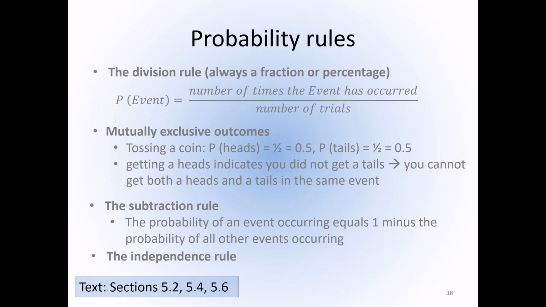Again, we're not going into detail with this, but you should be familiar with probability and some of the basic terms and some of the rules and being able to determine probability based on a set of data. And so please check out sections 5.2, 5.4, and 5.6 in the text.